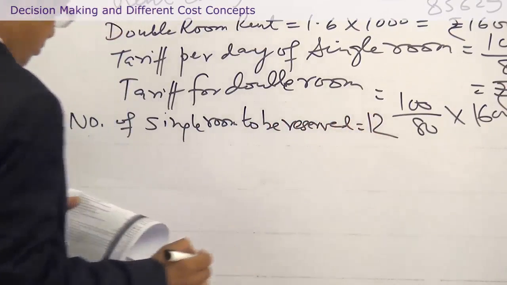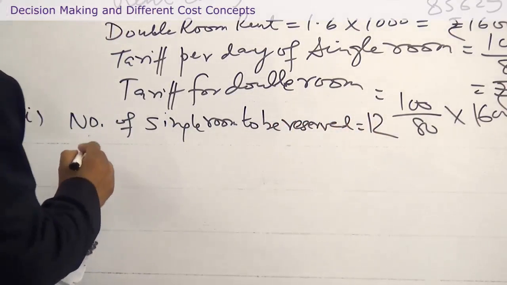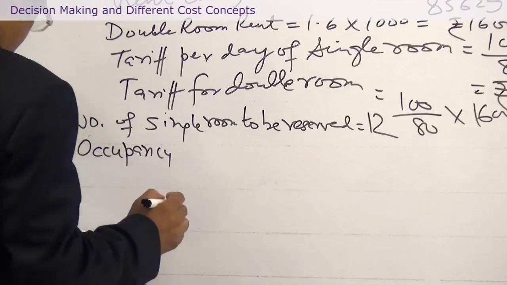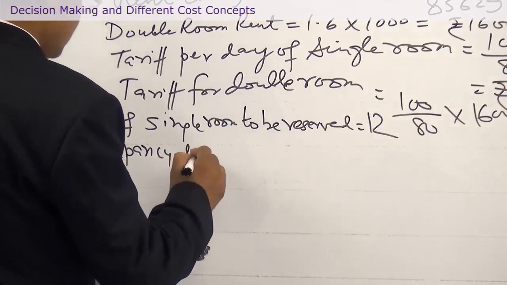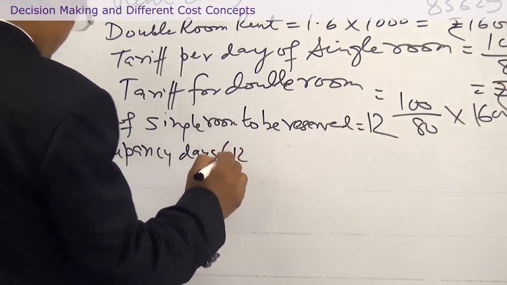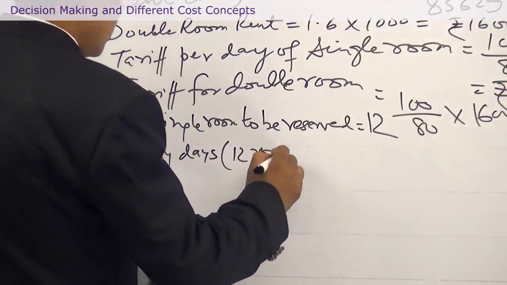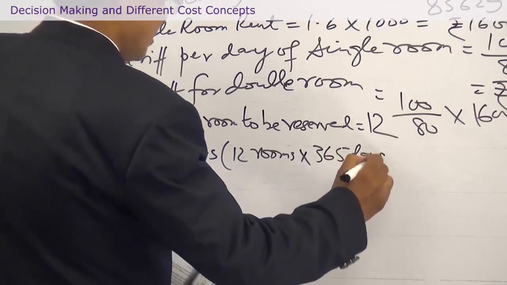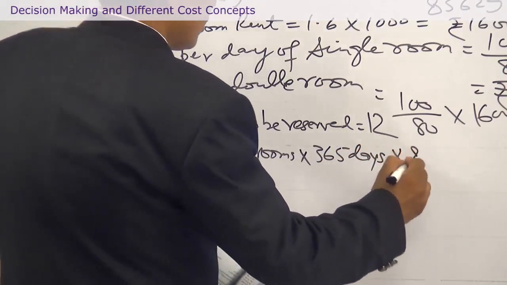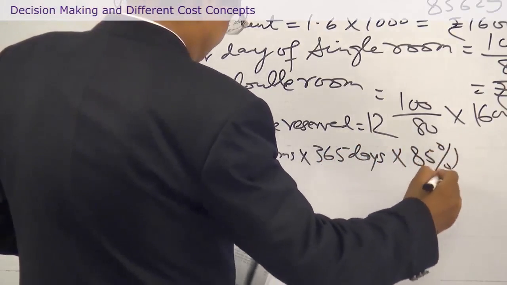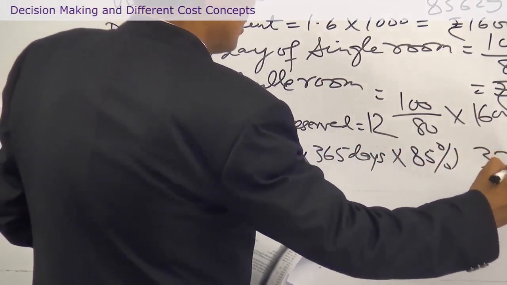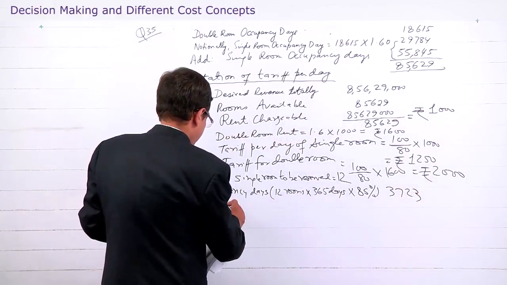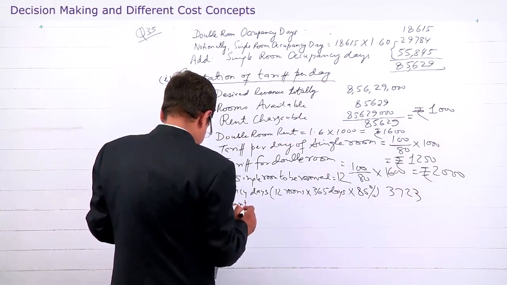It is 12 rooms to be reserved. Occupancy days will be 12 rooms into 365 days into 85%. So 3723. Discount you have to give to your valued customer.